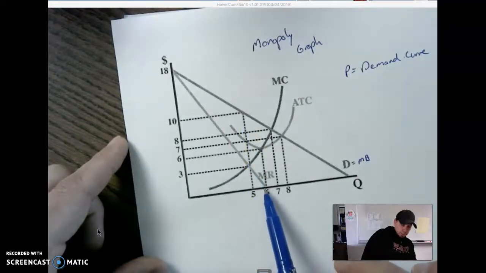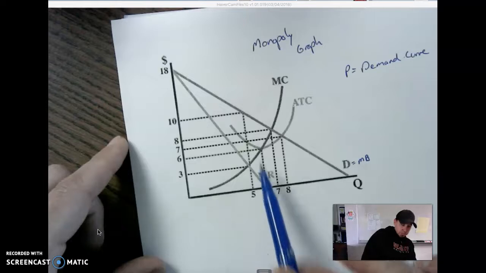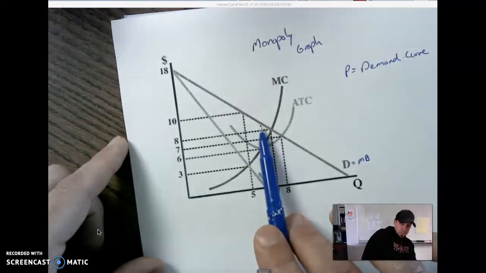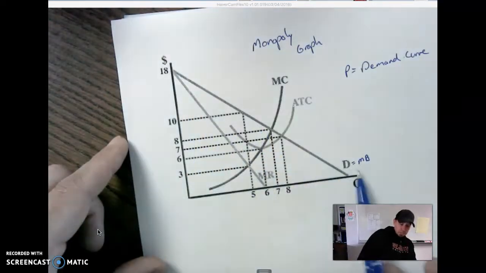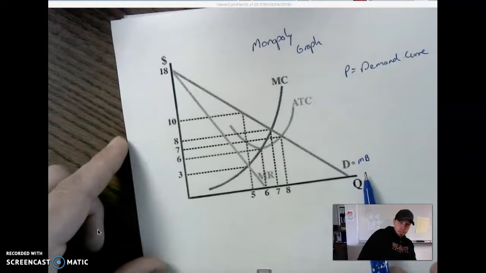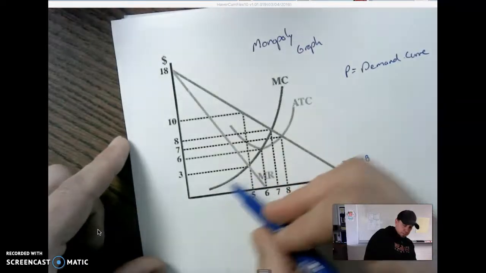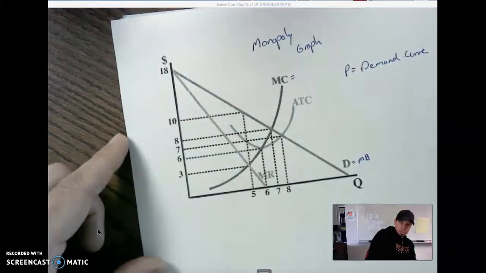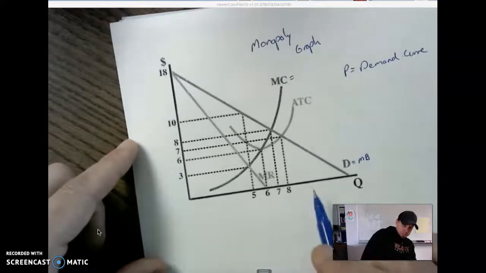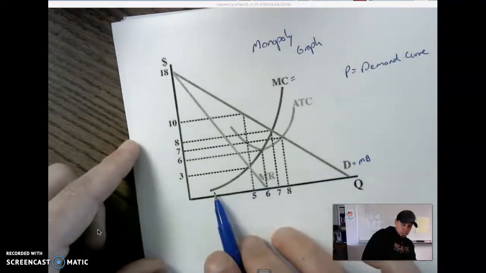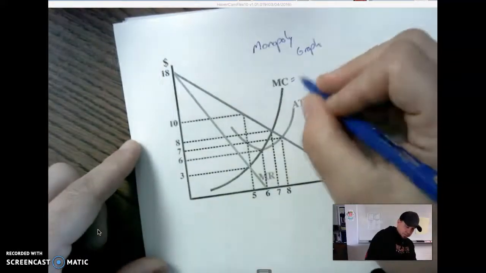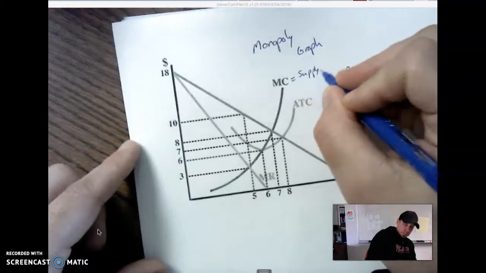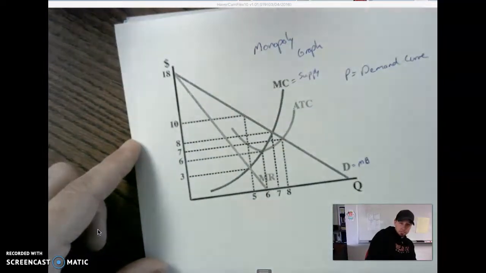They're not quite as willing as they were before, so their marginal benefit is decreasing, and that's the law of demand, diminishing marginal utility. Well, if the demand curve is a marginal benefit curve, you can guess that the marginal cost curve is, hopefully you guessed it, the supply curve.